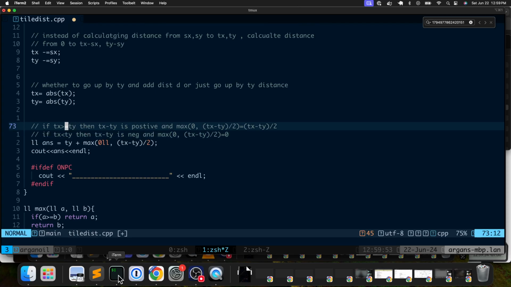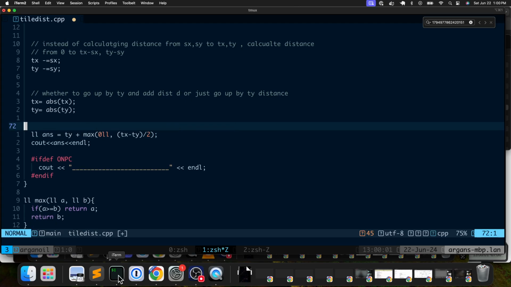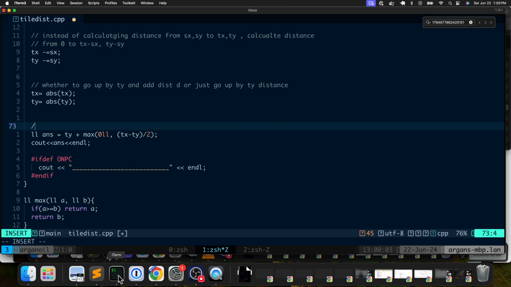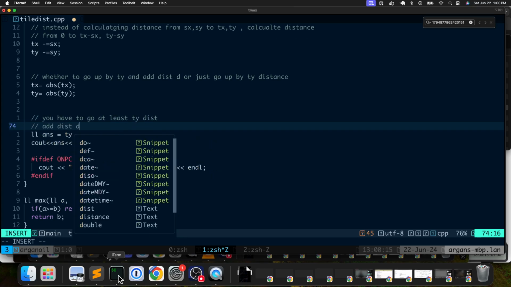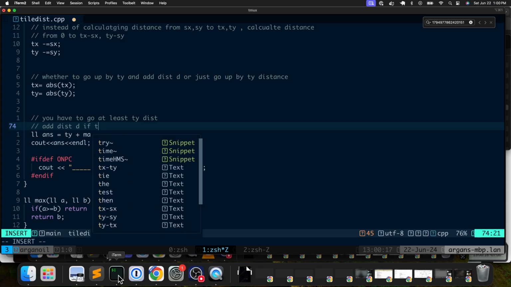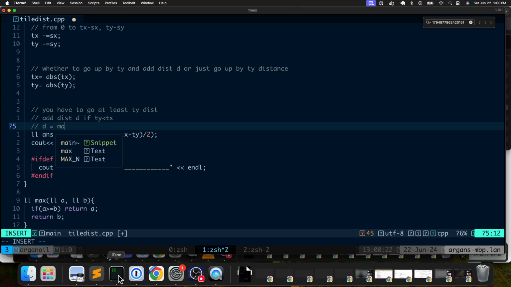So I'm telling that you have to go at least Ty distance, and add the distance d if Ty is less than Tx. The distance d I'm calculating as max of 0, (Tx minus Ty) by 2. This is my d distance.